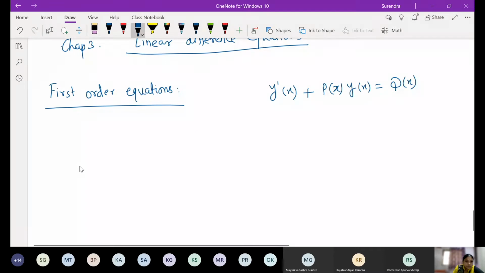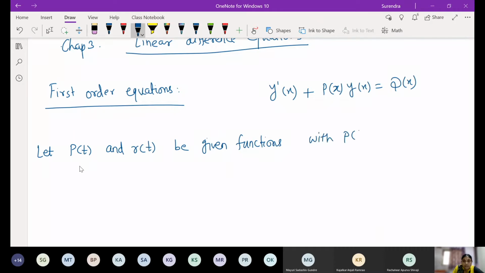Let p(t) and r(t) be given functions with p(t) not equal to 0 for all t.